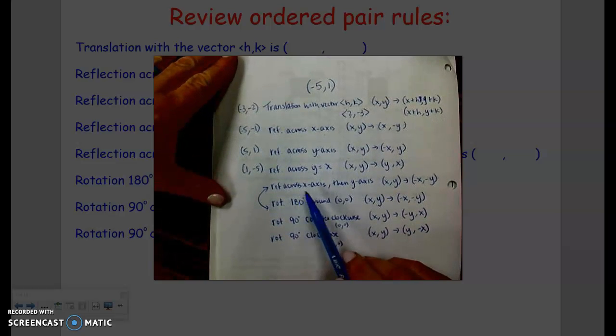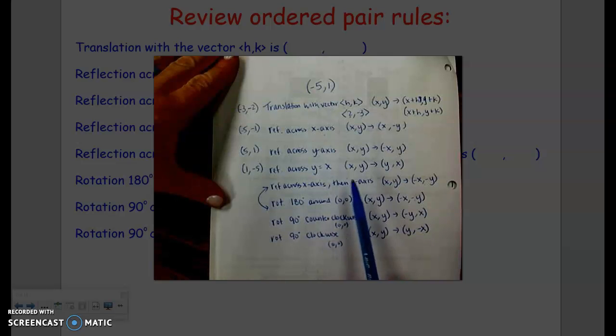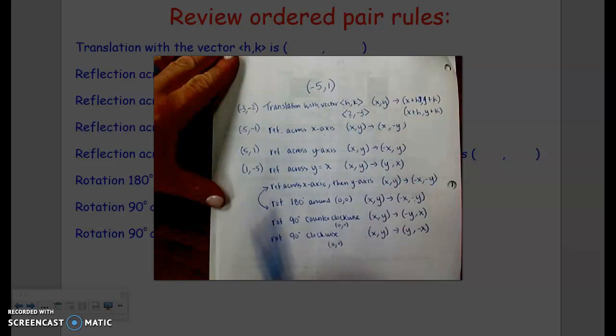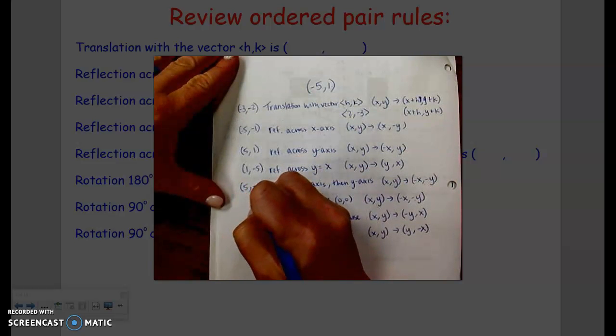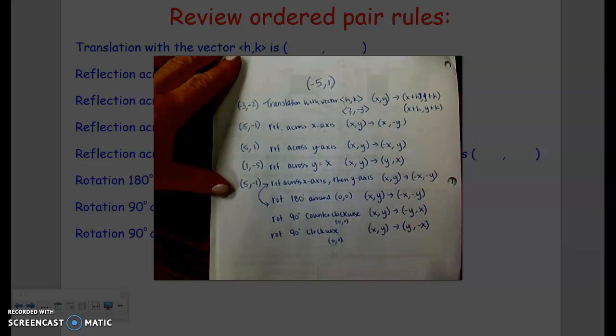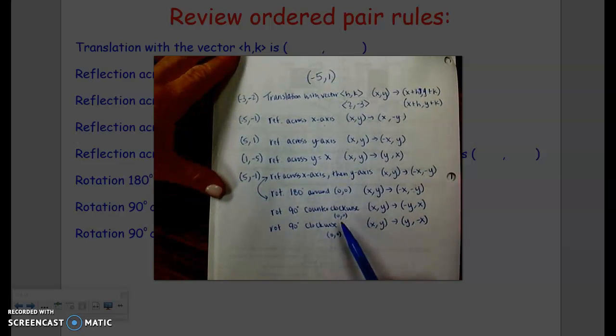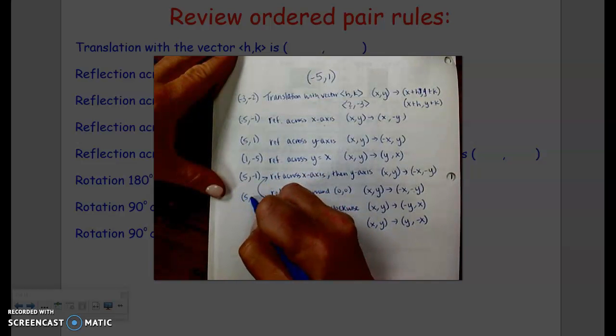If I reflect across the x and then the y-axis, remember it changes the sign on y and then changes the sign on x, so they both change signs, so that would become the point (5, -1). The rotation 180 degrees around the origin is the same exact result as that double reflection, so it is also (5, -1).